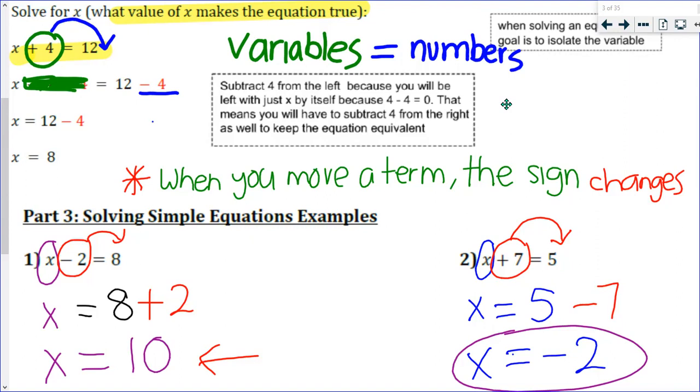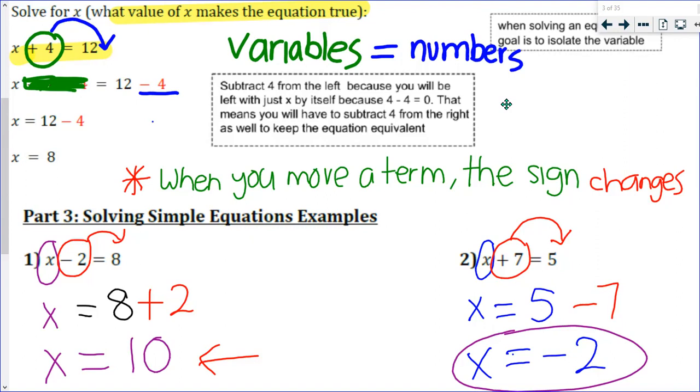What I'm going to show you in my lessons is all I expect you to do on the test. When you're moving something to the other side, the sign in front of it changes. So now I'm left with one variable on the left-hand side, the x, and when the positive 4 moves over to the other side, it turns into a negative 4. Now I can solve: x is equal to 12 minus 4, x is equal to 8.